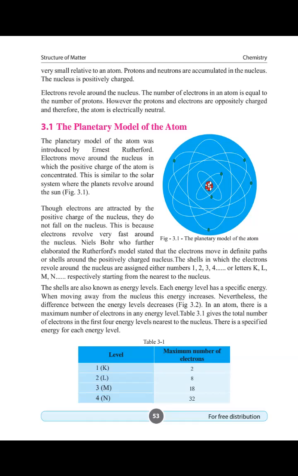The number of electrons in the atom is equal to the number of protons. So the nuclear model suggests these ideas. The number of positive charges, protons, is equal to the number of negative charges, electrons.